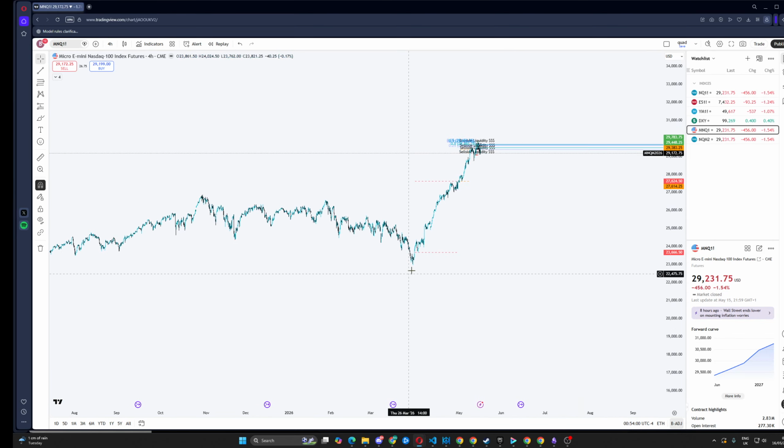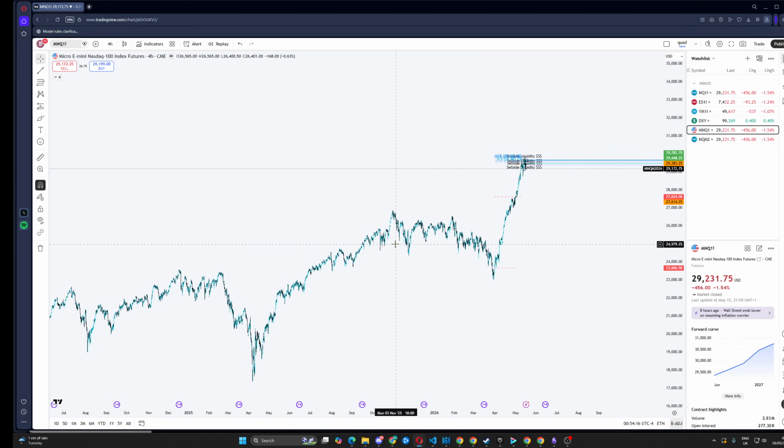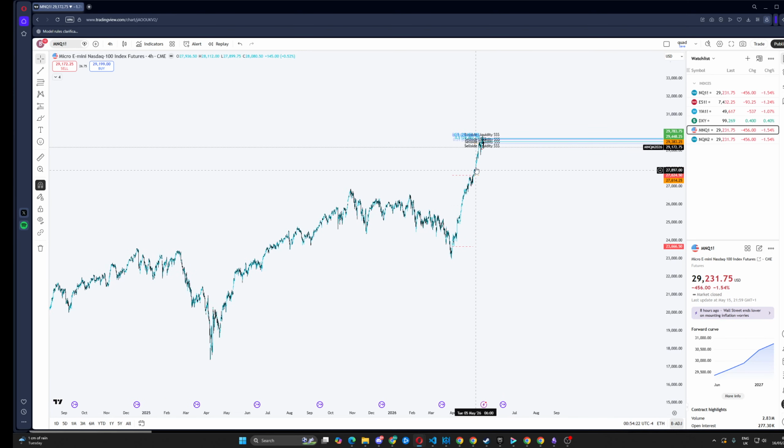From like May, June, whatever, we could take this low, basically throughout the whole year. And I'm saying that would be my target right here. Think about it: if this is like accumulation and all of this is a fast manipulation, we might be distributing this whole year lower, and lower, and lower until we get here.